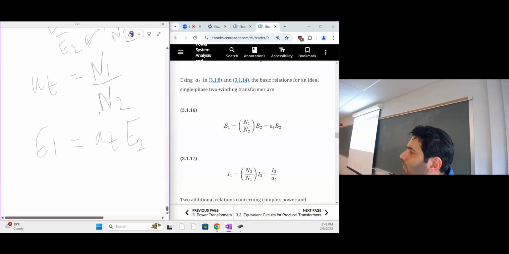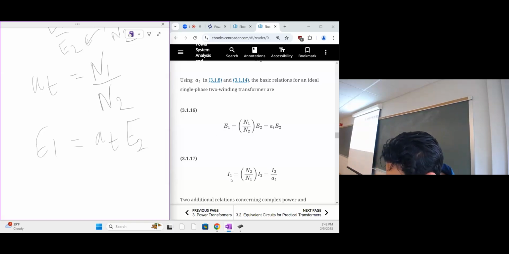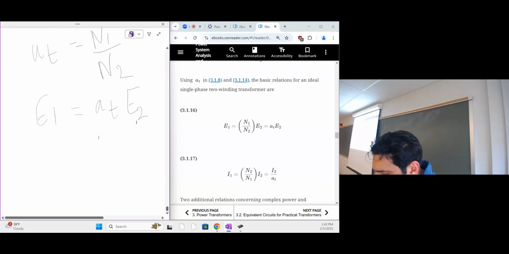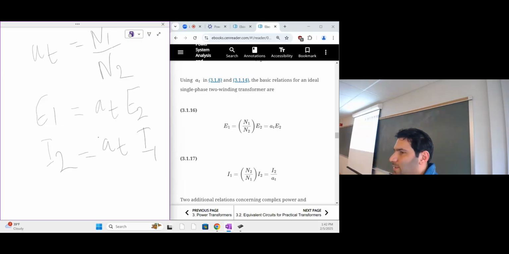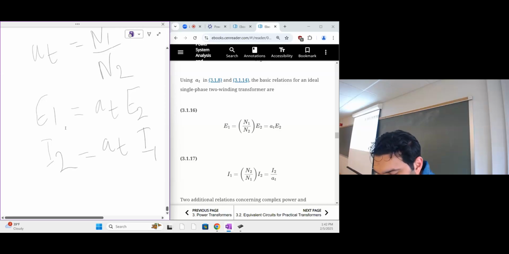Now, if we substitute the equations in terms of I, we'll get an equivalent form, but be aware, here the things are reversed. I2 should be equal to AT I1. It's inverse to the voltage, okay? So I1 would be equal to I2 over AT.